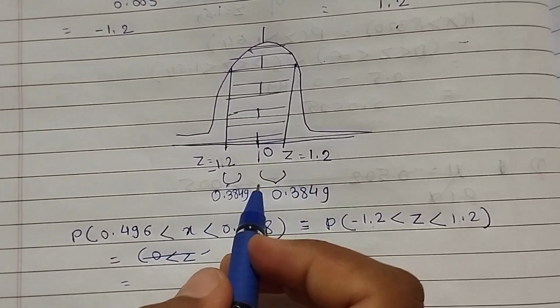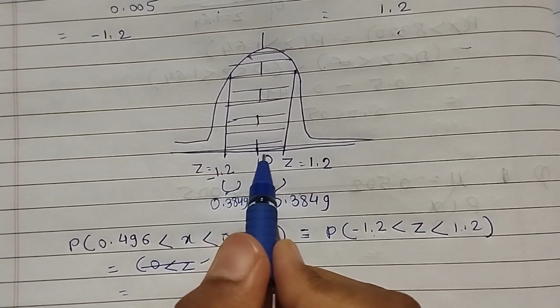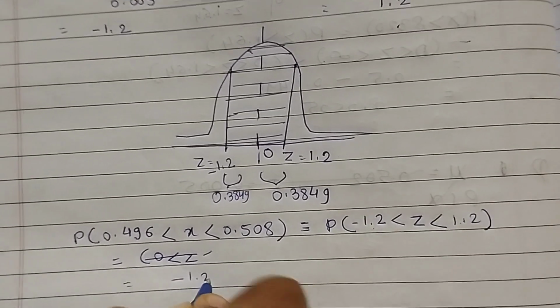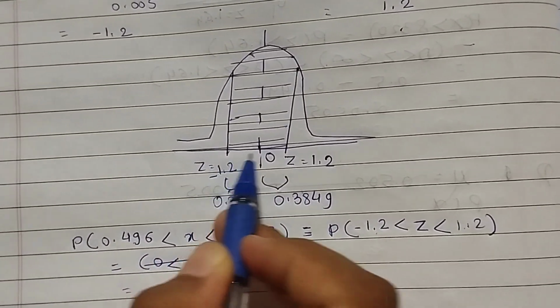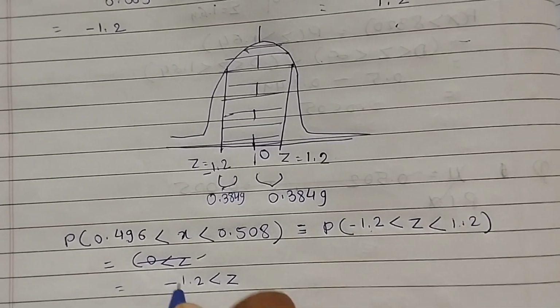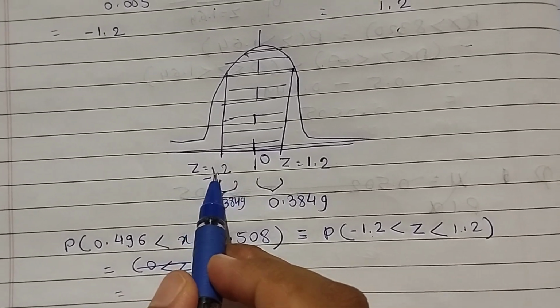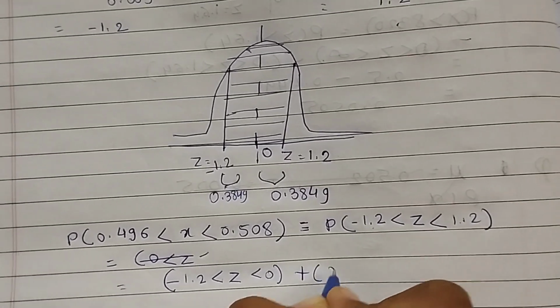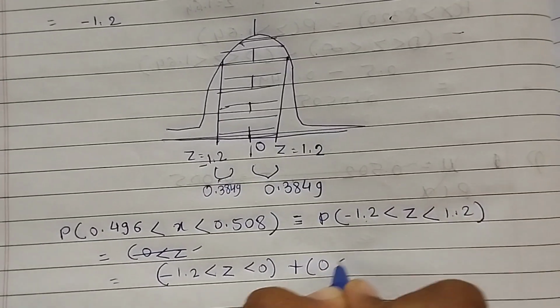So this is nothing but z between minus 1.2 to 0 plus 0 to 1.2.